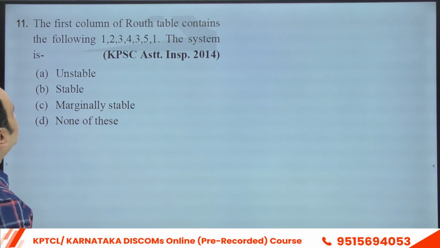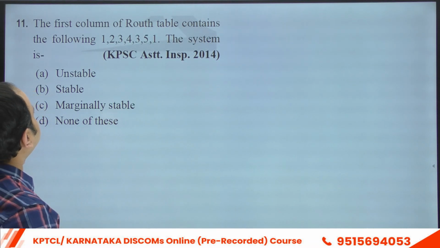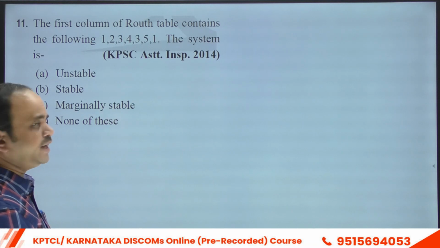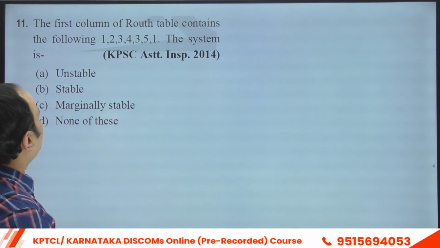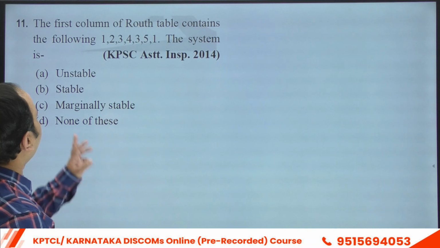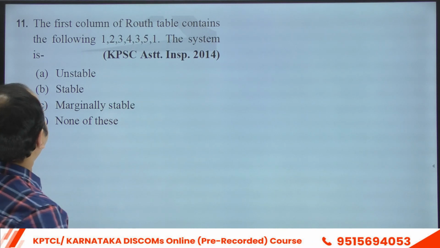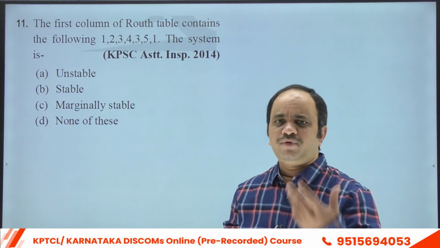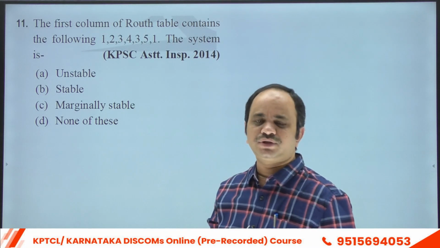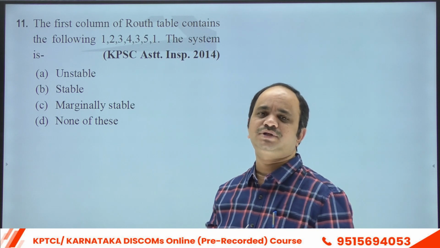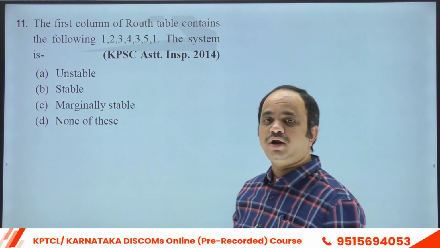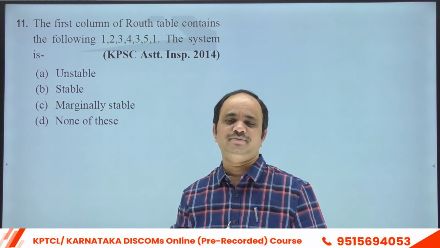Next, this question is from the stability topic, Routh's stability criterion. The first column of the Routh table contains the following elements: 1, 2, 3, 4, 4, 3, 5, 1. Whenever we are finding stability by using Routh's stability criterion, the condition for stability is that all the first column elements should have the same sign.